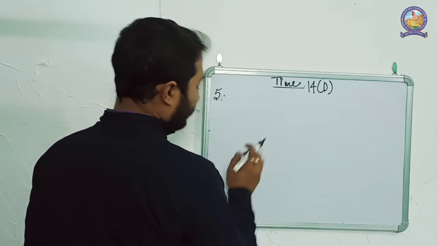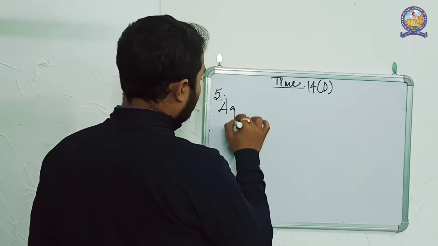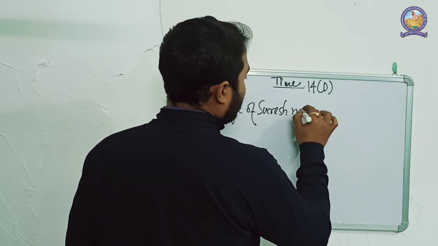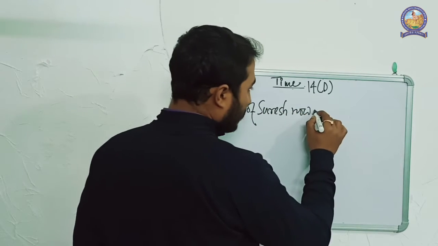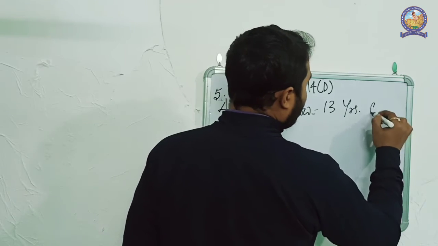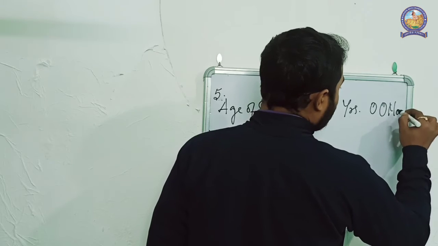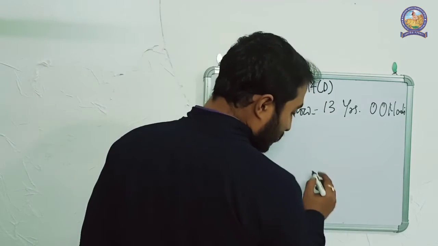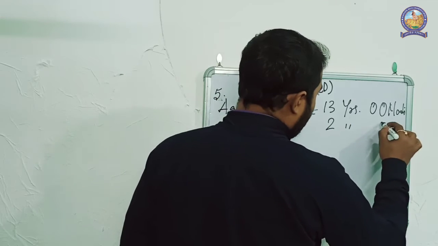So the age of Suresh now: we will write 00 months because the month value is not given, so it is 00 simply. We have to subtract 2 years and 9 months.